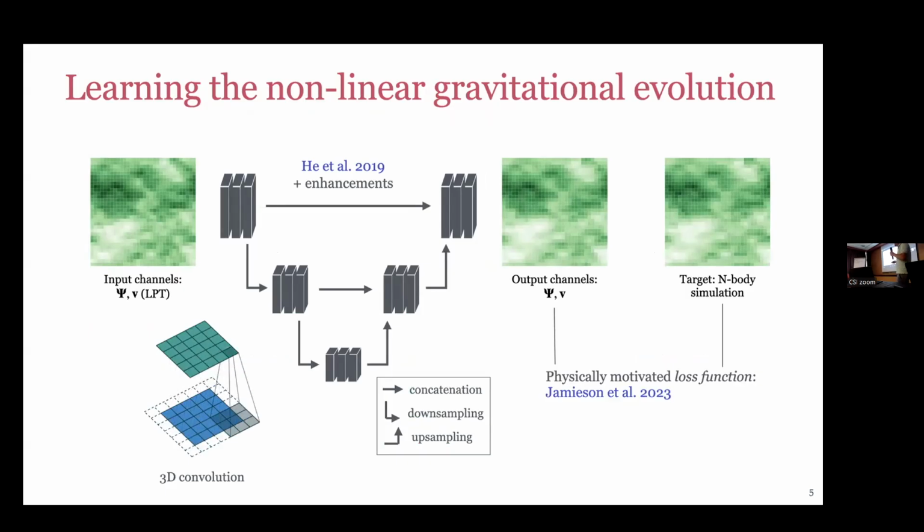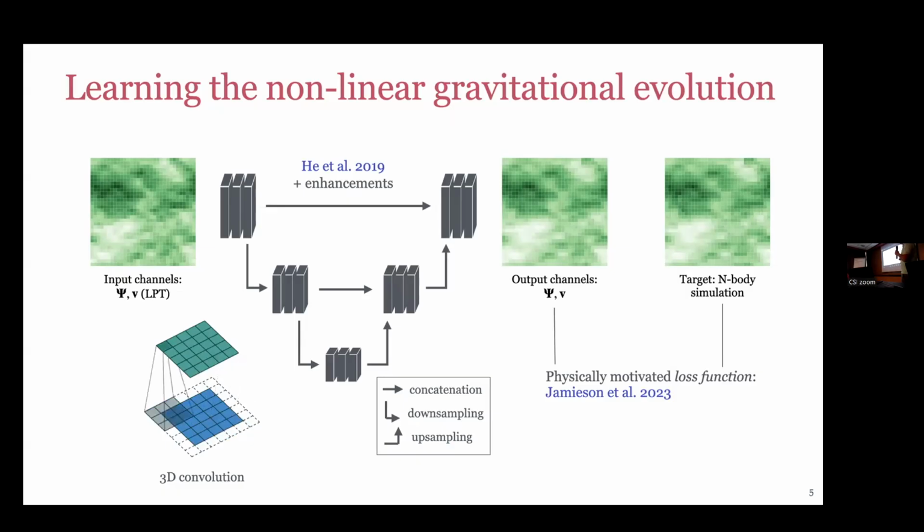In this case, instead of pixels, you have voxels, which are your Lagrangian positions. And your channels are the three components of your displacement field and the three components of your velocity field. We give this to the network, the input coming from LPT, and we make it learn the 6 output channels that resemble the target, which is an N-body simulation.